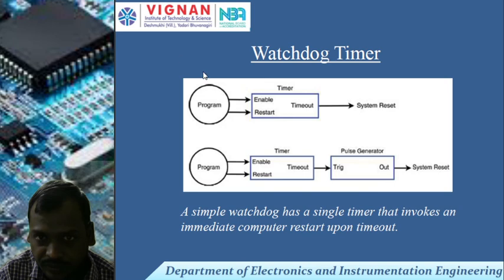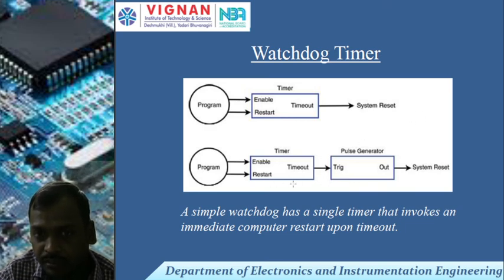Whenever the program hangs, the watchdog timer is enabled. It restarts the operation and goes back to the initial operation, which is a system reset, so the system does not hang and performs the operation again.